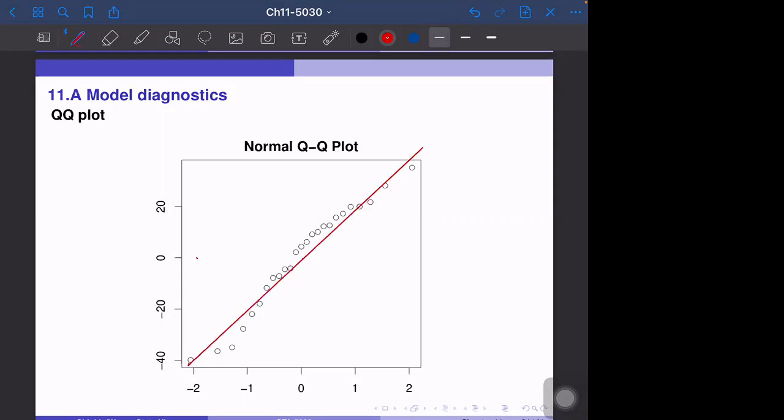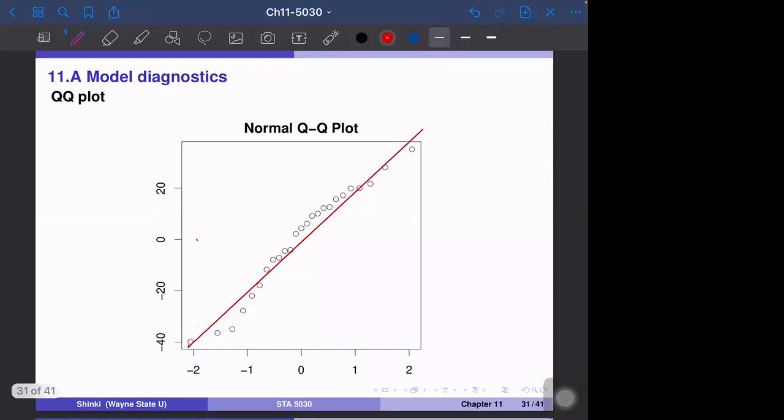A typical case is that we have observations like these. This axis is the empirical, actual residual, and this is the theoretical residual. Some actual residuals are much larger.